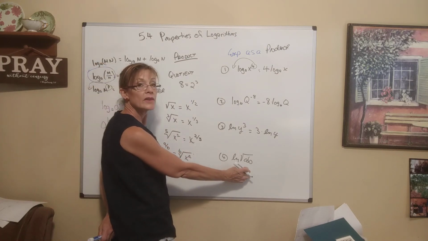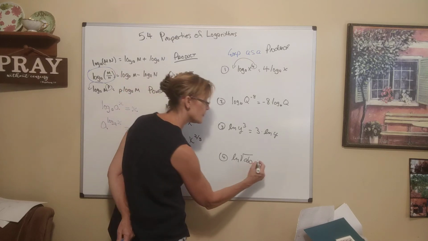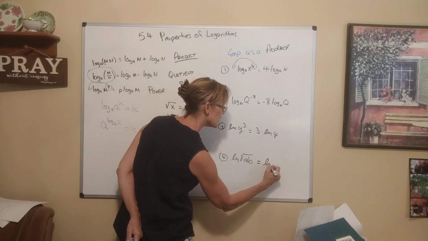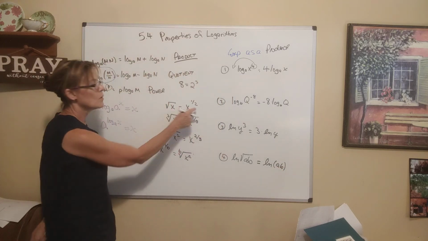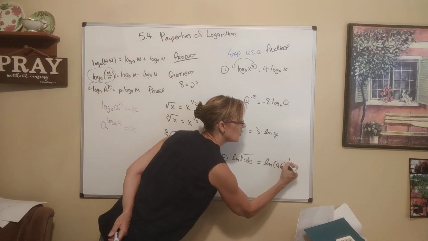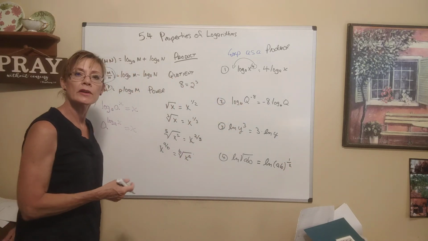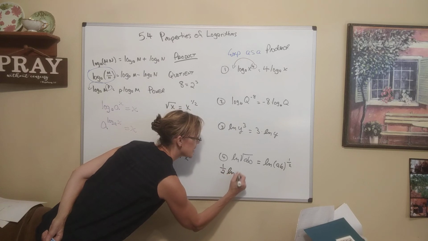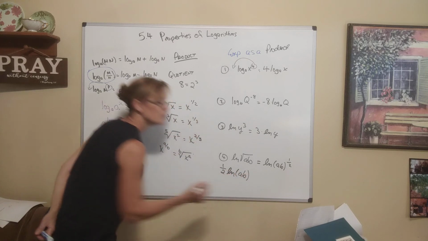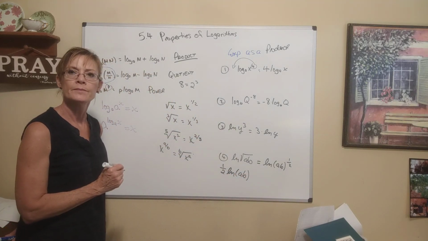So when you're given this logarithmic expression, you should first rewrite this as the natural log of ab raised to the 1/2 power. And then we can very easily throw the power in the front. This becomes 1/2 times the natural log of ab. That's all we had to do for that one.